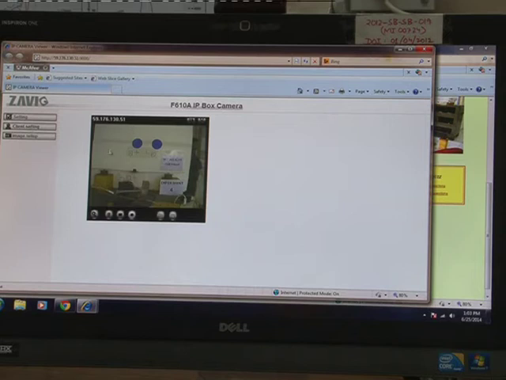So, you can see the real time setup of experiment number 1. The username and password required to open this camera setting is guest, ID is guest and password is also guest.